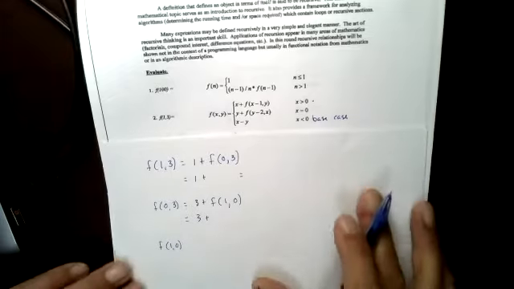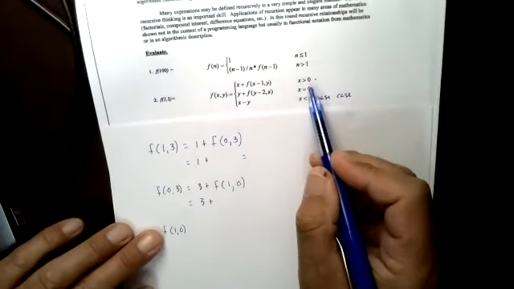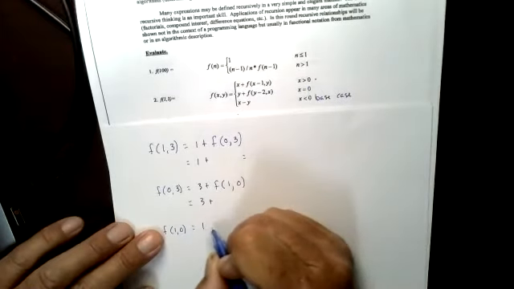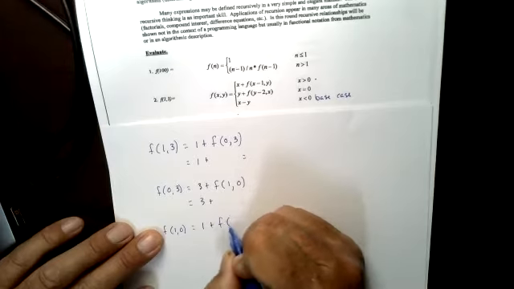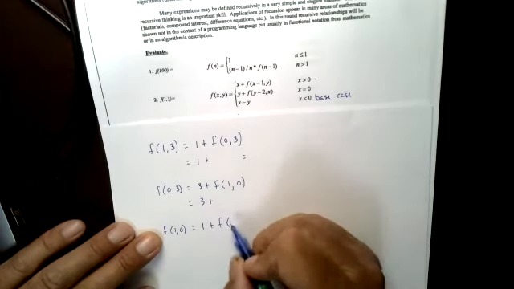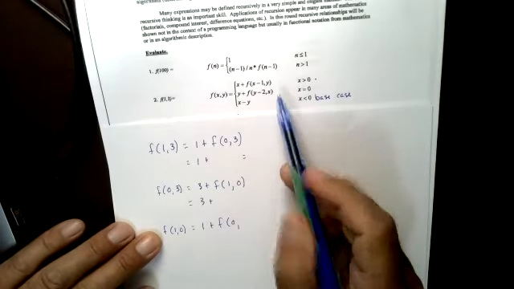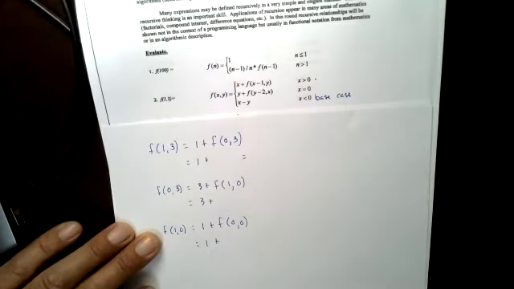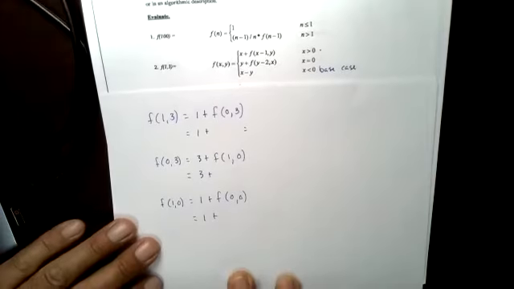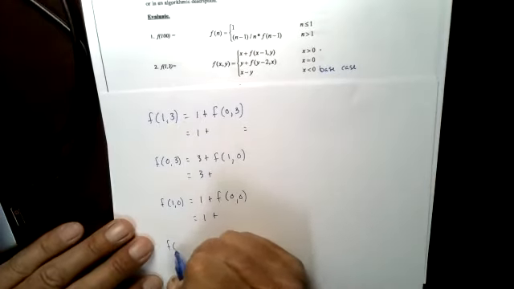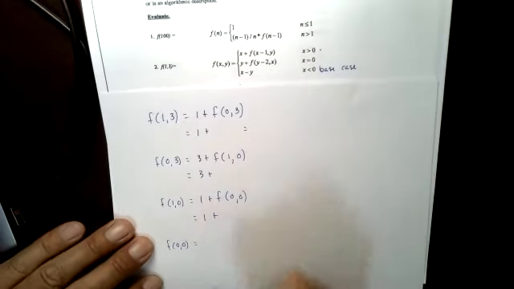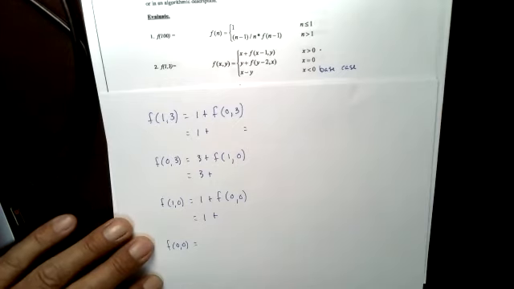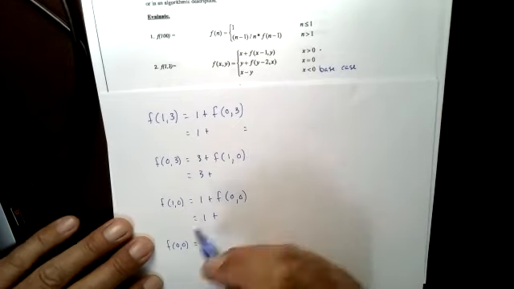F(1, 0). Let's see, my x is greater than 0. That's going to be 1 plus f of 1 minus 1, which is 0, comma, y, which is 0. Now I need to find f(0, 0). Okay, f(0, 0) hits this middle row.